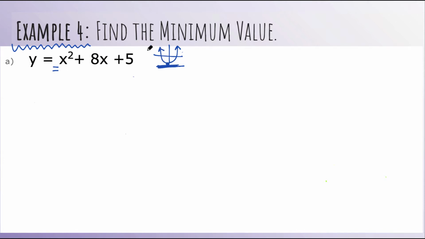So if we can find our vertex, then we know that the y value of the vertex will actually be the minimum value. Currently, this quadratic is in standard form, ax squared plus bx plus c. If we can put this quadratic into vertex form, then we can find what the minimum value is.